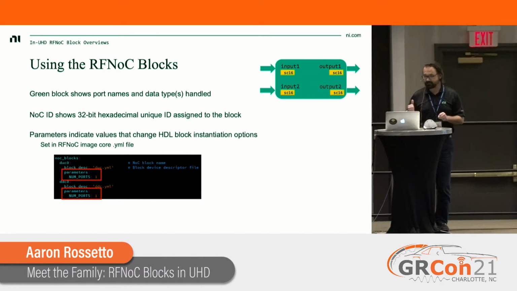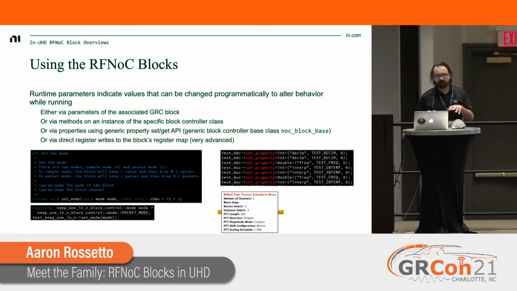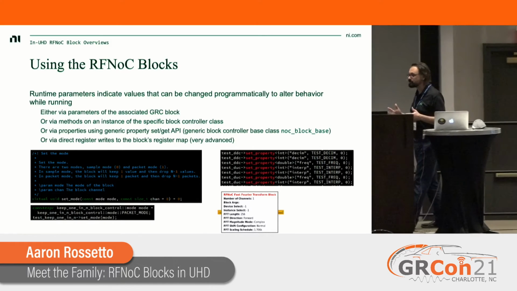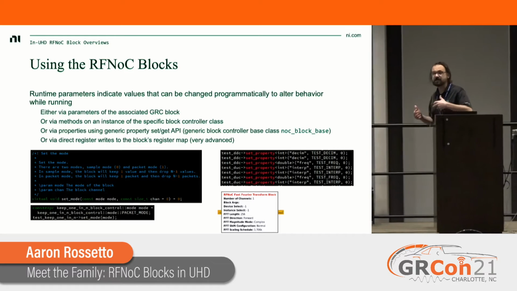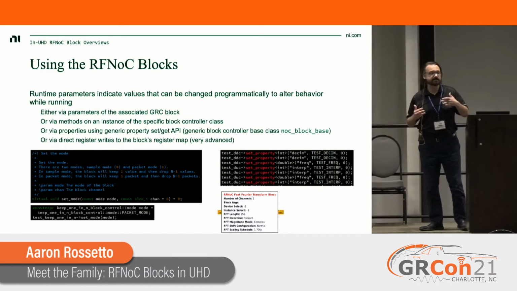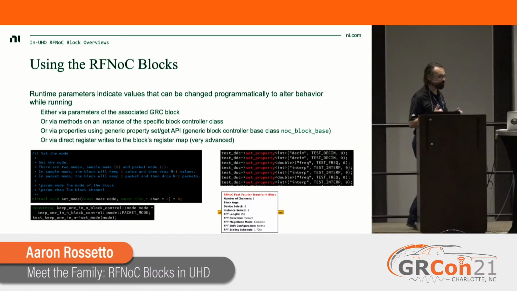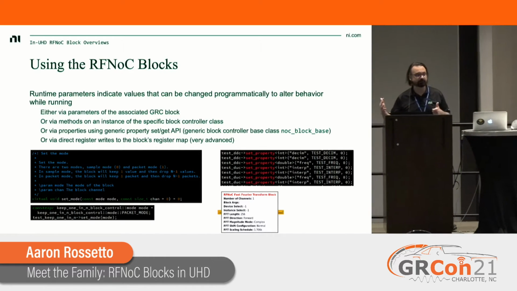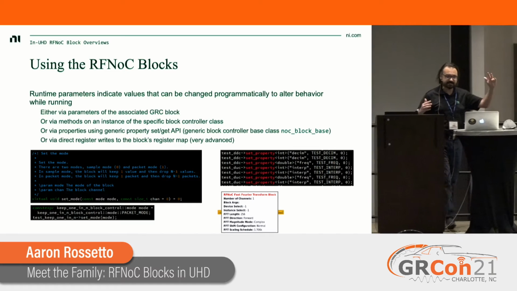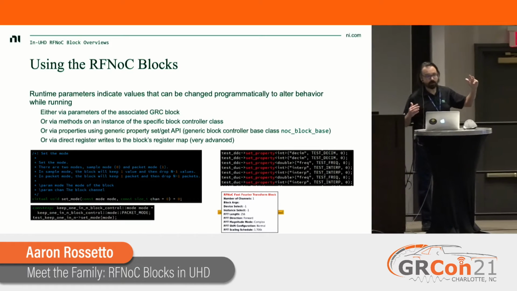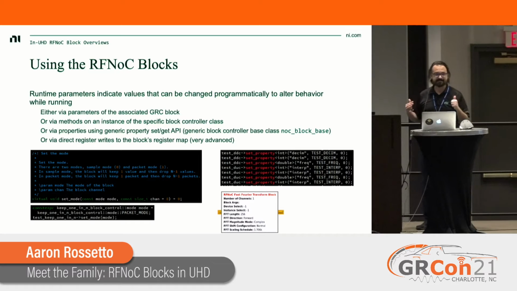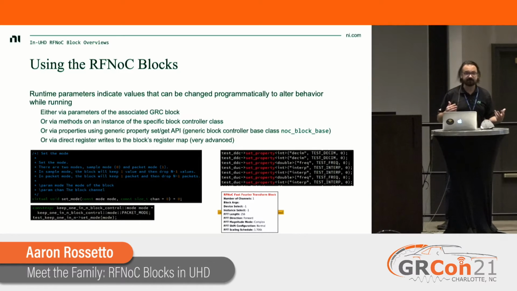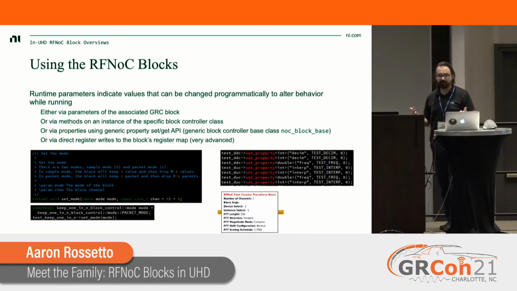And some of these blocks have a considerable number of options to allow you to configure how they are instantiated. And then each block also has some runtime parameters that control its behavior at runtime, which typically your application is going to be involved in setting, whether that is through the GNU Radio Companion block parameters, which is probably the highest level at which you can change these things, or if you have an instance of the specific block controller class via methods on it, either in Python or C++, or going a little bit lower level than that through the property mechanism.